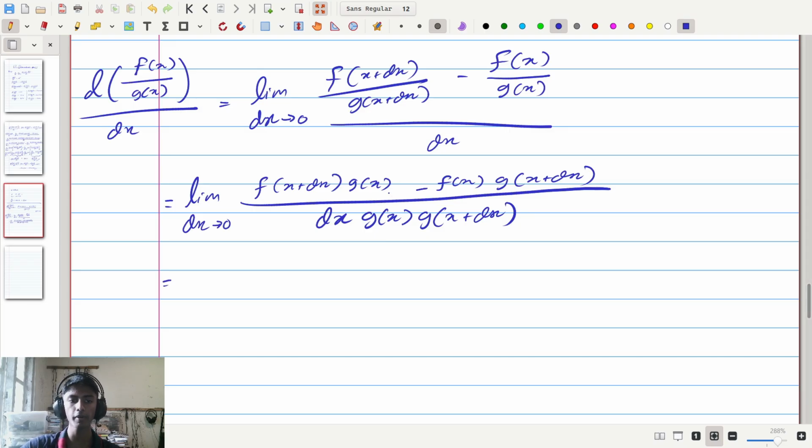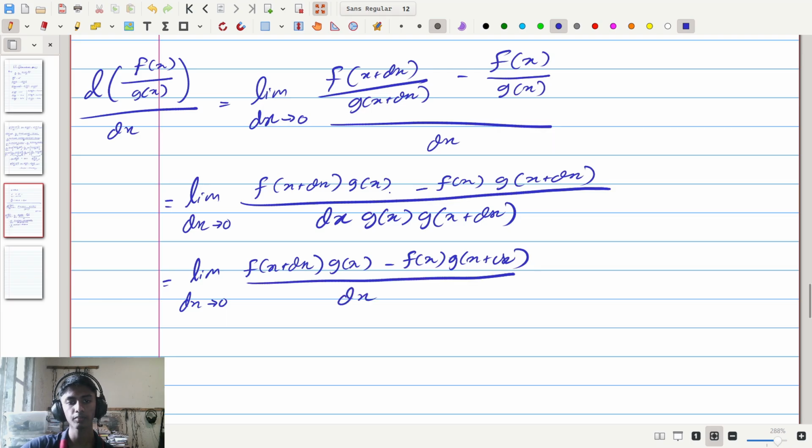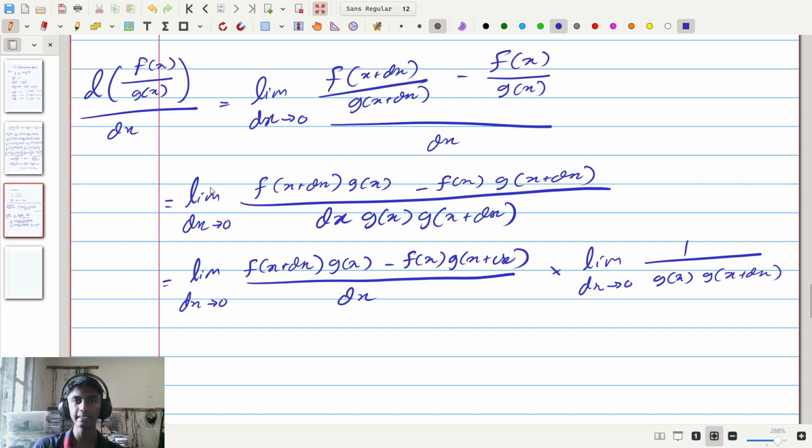We can take it into a separate limit and multiply the two together and write that this is equal to the limit as dx approaches 0 of f of x plus dx times g of x minus f of x times g of x plus dx, all divided by dx, multiplied by the limit as dx goes to 0 of, extracting these two factors out, what we have left is g(x) times g of x plus dx. Now then, let's start evaluating.